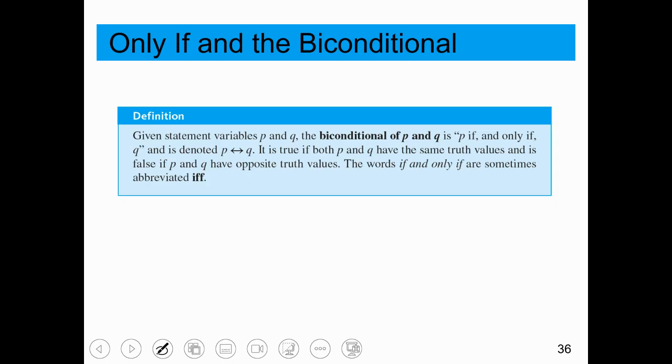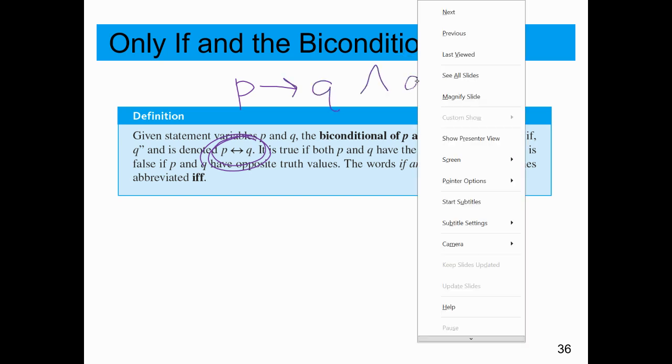Okay, so we've talked about only if. Now we're going to talk about the biconditional if and only if. Now, this is called a biconditional because the statement is true forward and backward. In other words, it's a way of saying that the statement is true and its converse is also true.